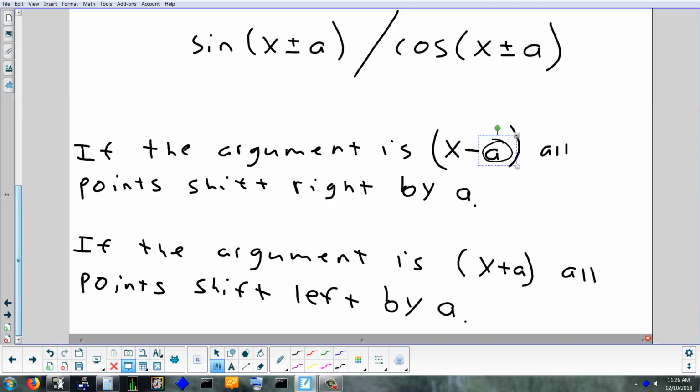When you shift left and right, you're shifting by an angle. Technically you can shift by whatever you want, but the common shifts that we do are a 45-degree shift, a 90-degree shift, and a 180-degree shift. Those are just the ones that come up a lot.